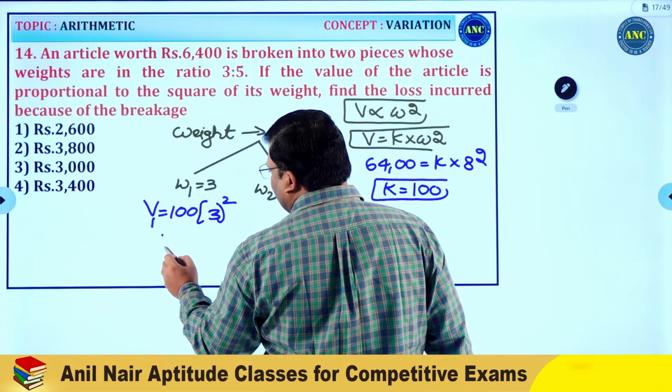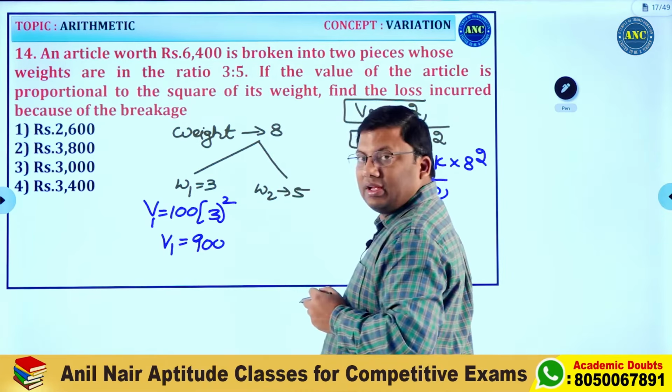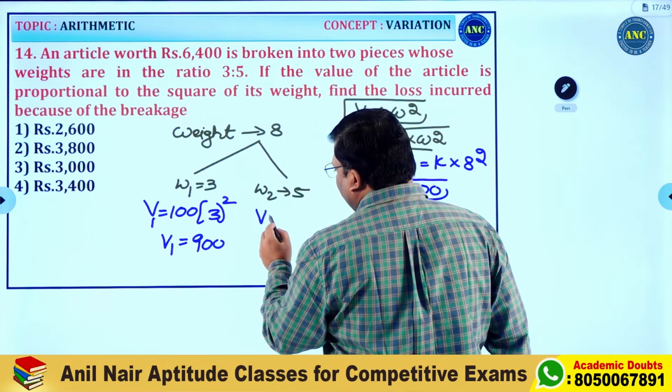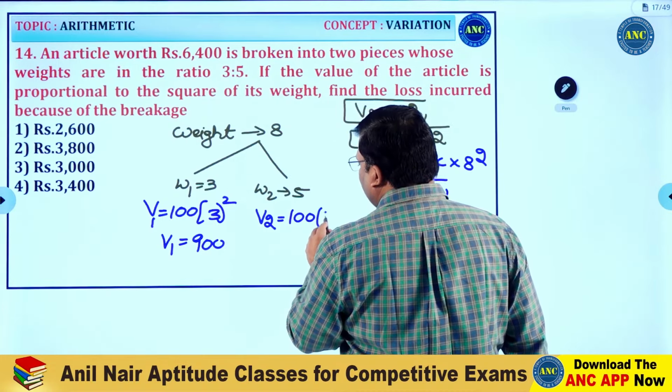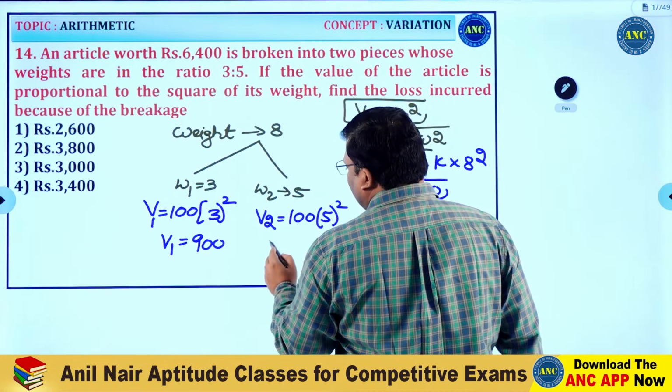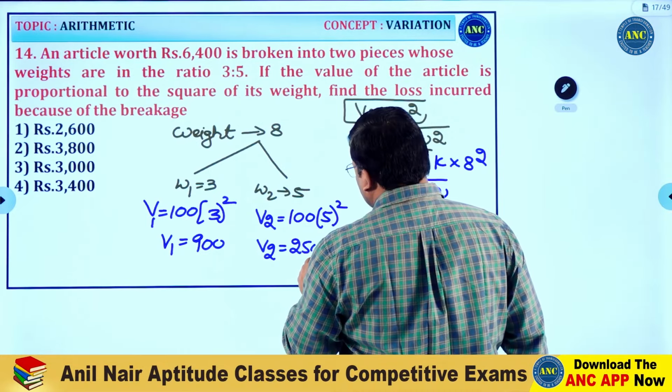3 square is 9, 9 into 100 is 900. The second part value V2 is 100 into W2 square. 5 square is 25, 25 into 100 is 2,500.